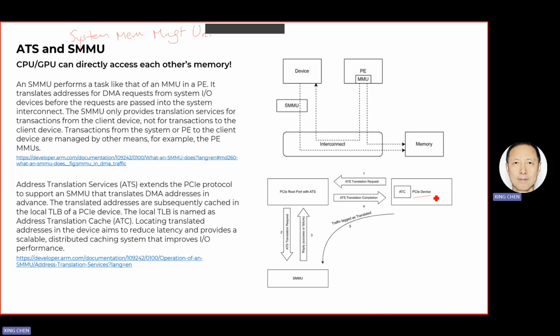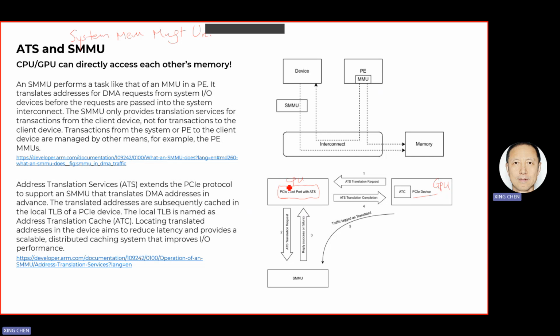This is a PCIe device. A PCIe device could be a NIC adapter. For our case, this is the GPU. Okay, and this is the PCIe root port with ATS. This root port should be located with the host, with the CPU, with the Grace CPU.